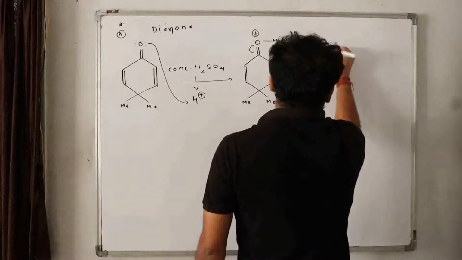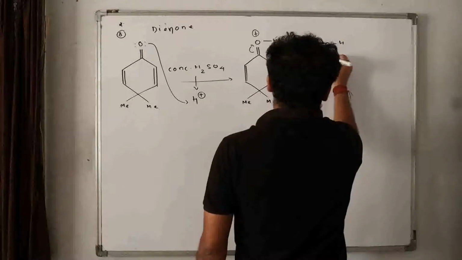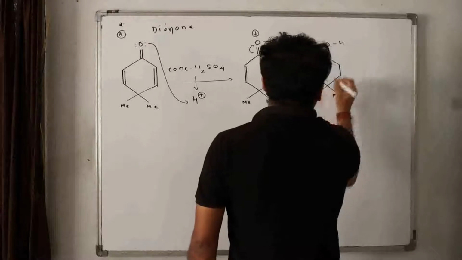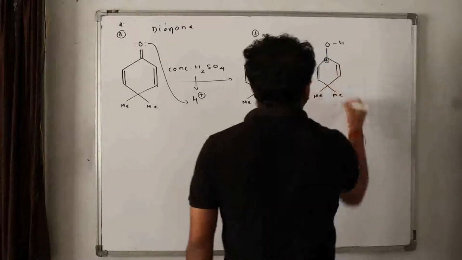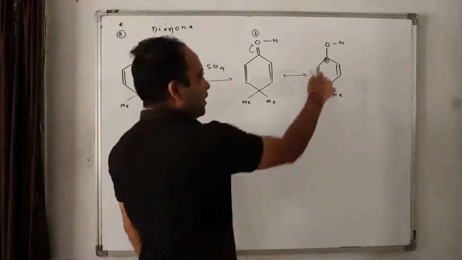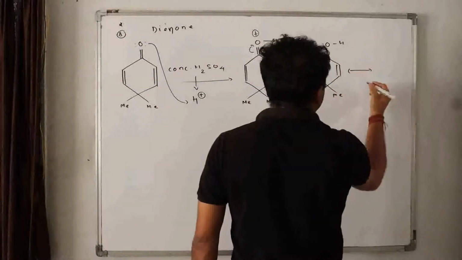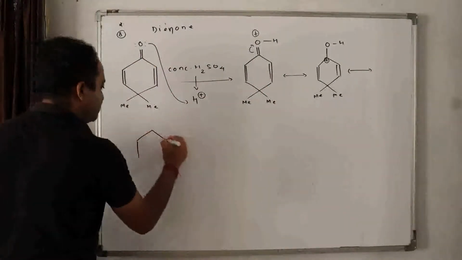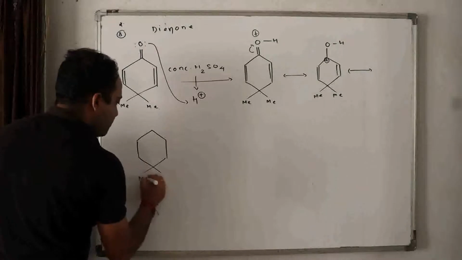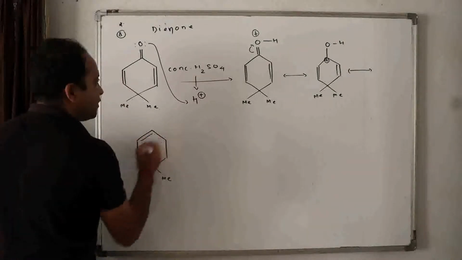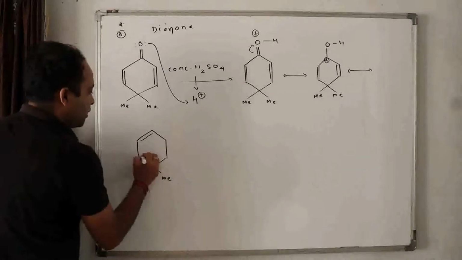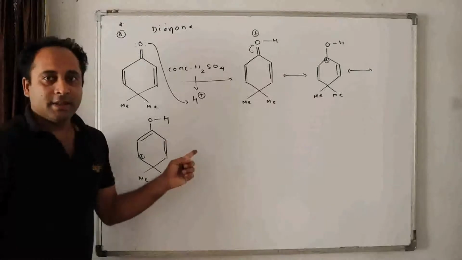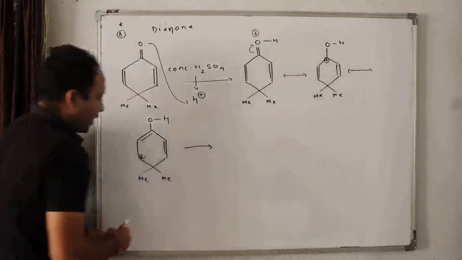OH, methyl, plus. Are you getting it? Next, can this conjugate delocalization happen? So what will happen here? Will I get something like this? Methyl. Now this became a double bond. Here the plus came over here, OH. Is it the case?